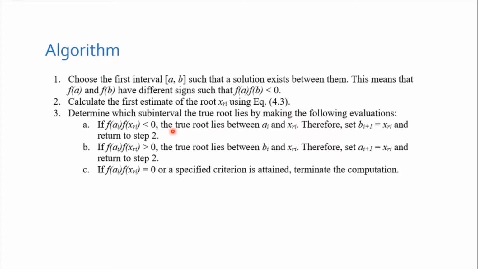And again, by making these evaluations, if f of a sub i multiplied by the ith estimate of the root is negative, the true root lies between these values of x, and we set b sub i plus 1 to x sub ri, and return to step 2.